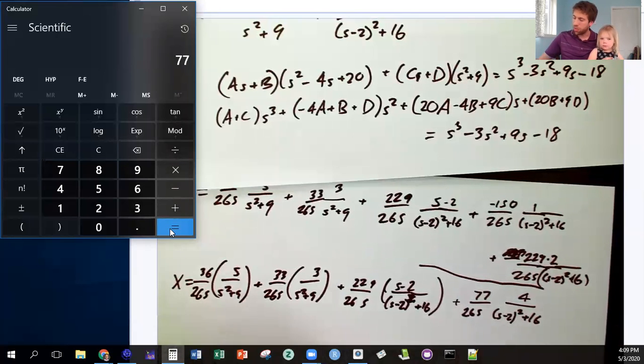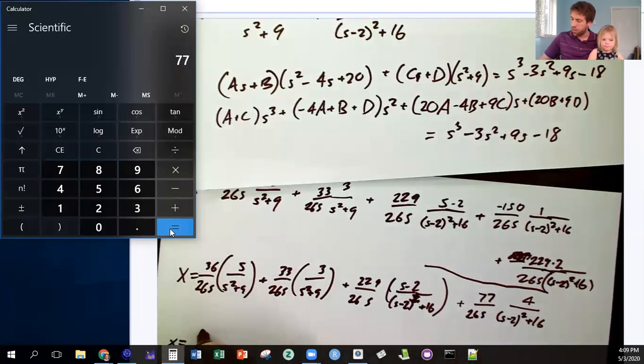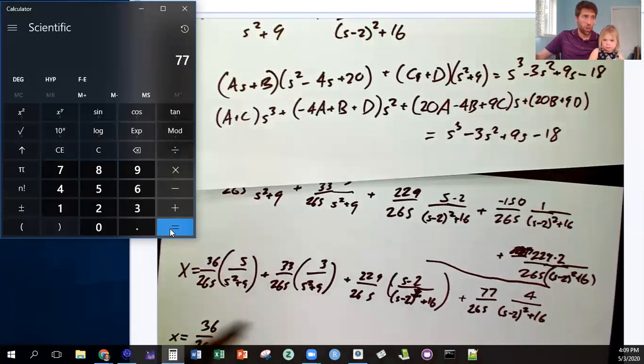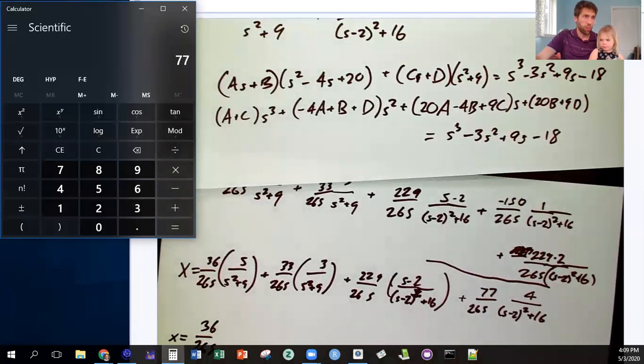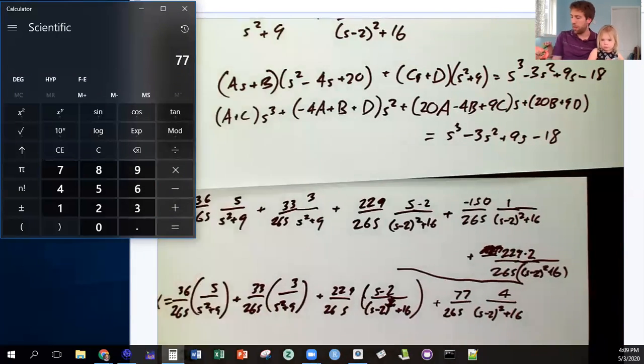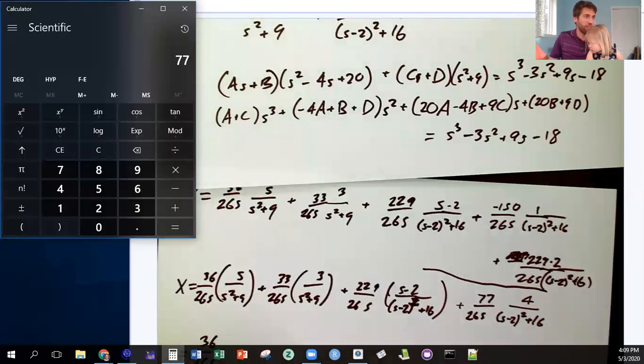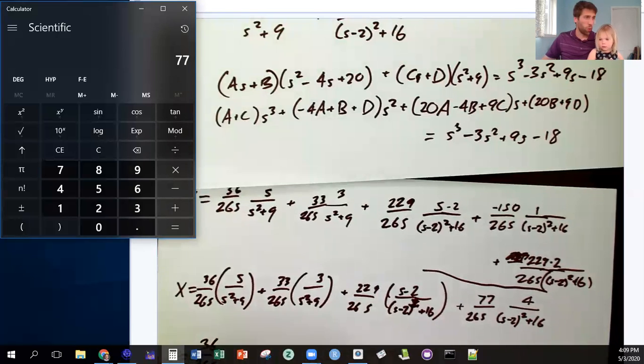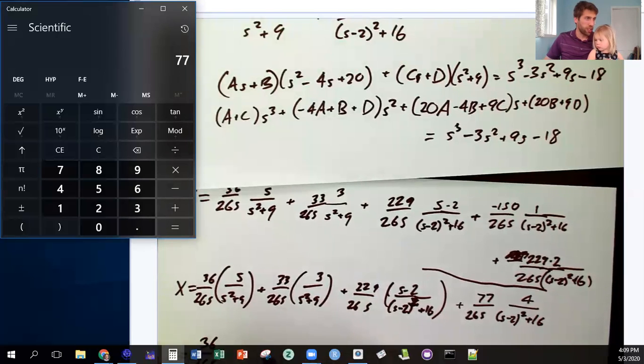So x equals 36 over 265. And get this guy out of here because I want to look at that table. So s over s squared plus a squared is cosine.